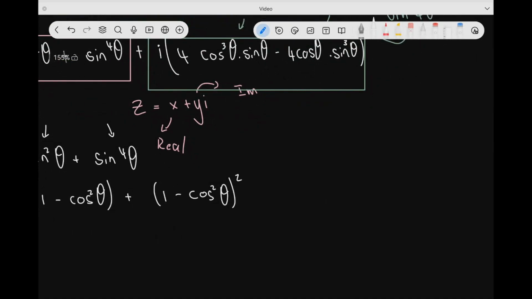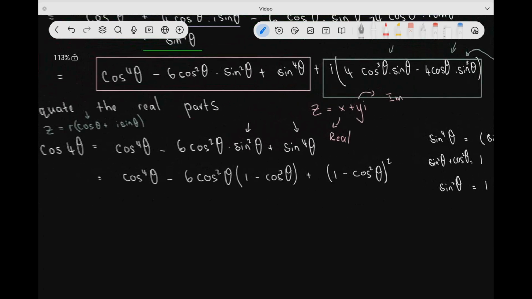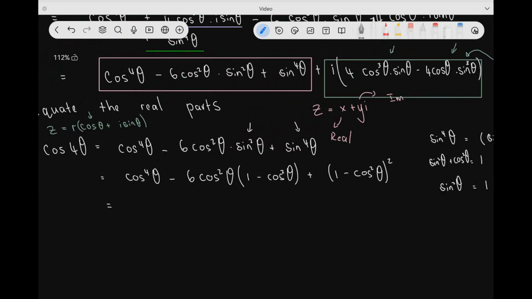Because essentially sine 4 theta can be rewritten as sine squared theta, squared. And then I know that sine squared theta plus cosine squared theta is equal to 1. So if I subtract cosine squared theta on both sides, I can see that sine squared theta is equal to 1 minus cosine squared theta.